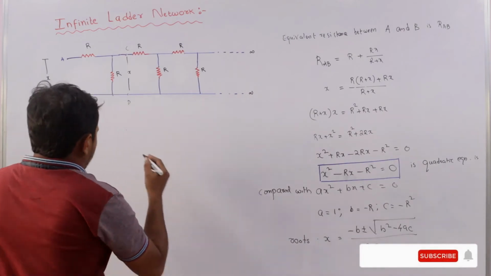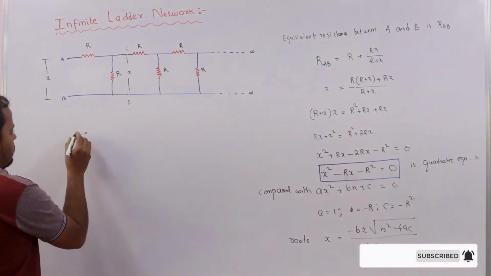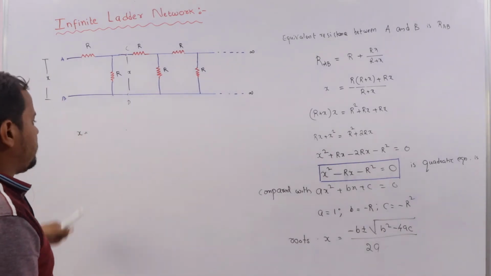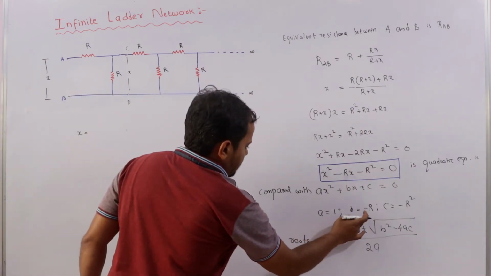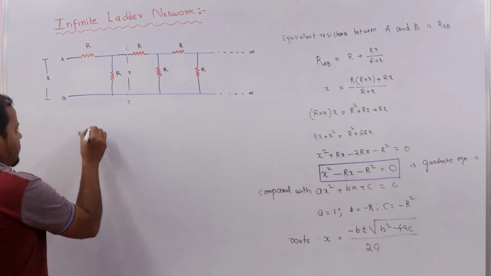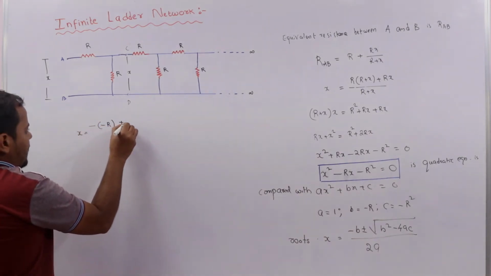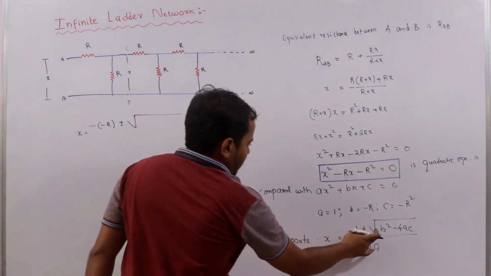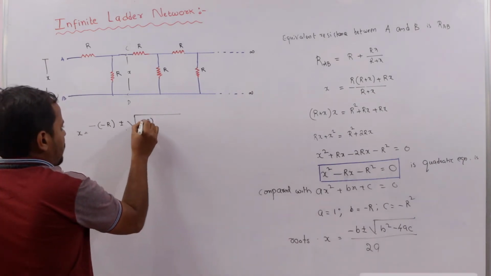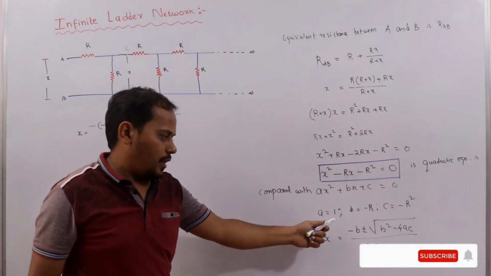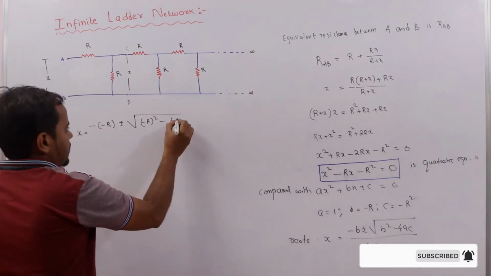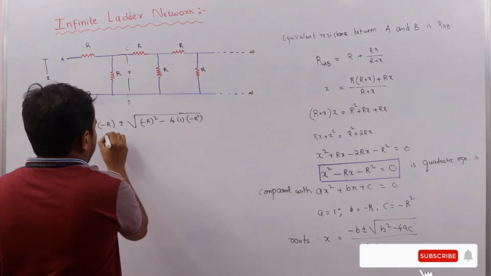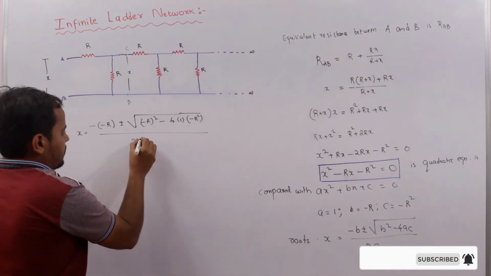Here X is the unknown resistance. Our equivalent resistance between A and B is equal to minus B. B value is minus R, that's why minus of minus R, plus or minus root over B square, means minus R whole square, minus 4 into A value 1 and C value is minus R square, by 2 into A, which is again 1.